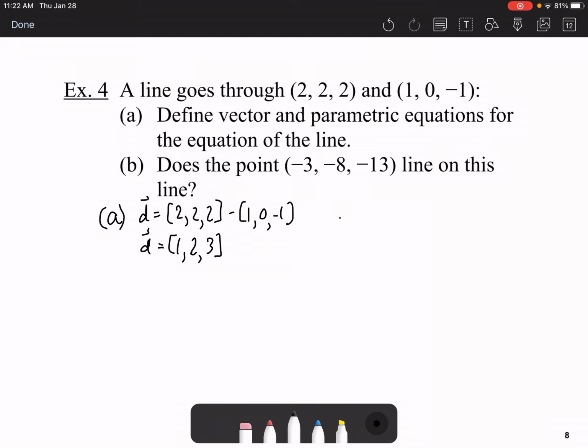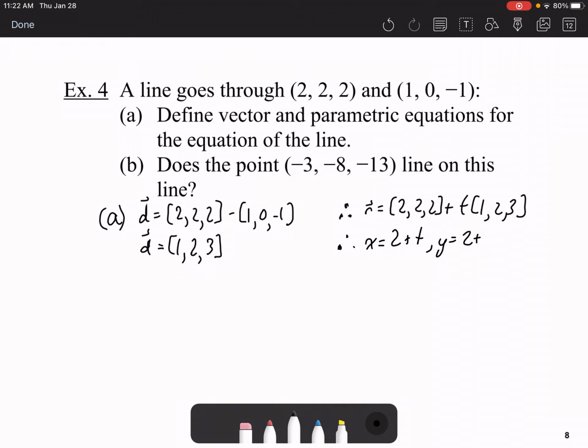So one possible vector equation is, I'm going to use a reference point (2, 2, 2), plus some scalar multiple of (1, 2, 3). And my parametric equations are x equals 2 plus t, y equals 2 plus 2t, and z equals 2 plus 3t.